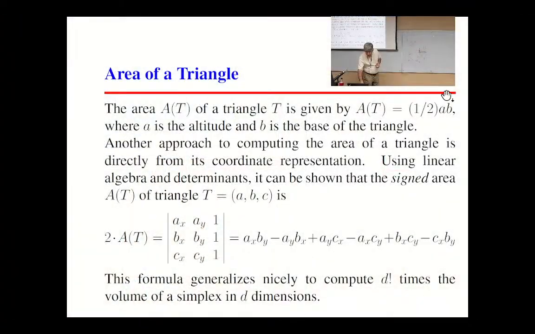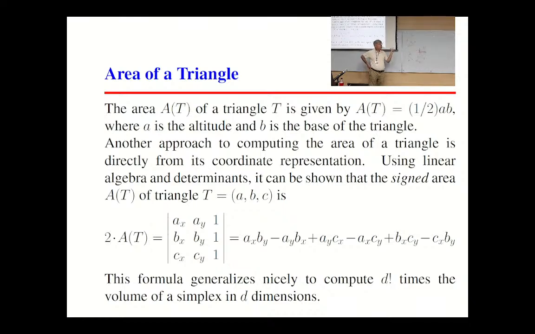And what's great about this determinant formula is it generalizes to a notion that d factorial times the volume of our simplex is going to be the determinant of the d points that we have, each of which is going to be in d minus 1 dimensions. And so we pad the last column with the 1s. Any questions about this?